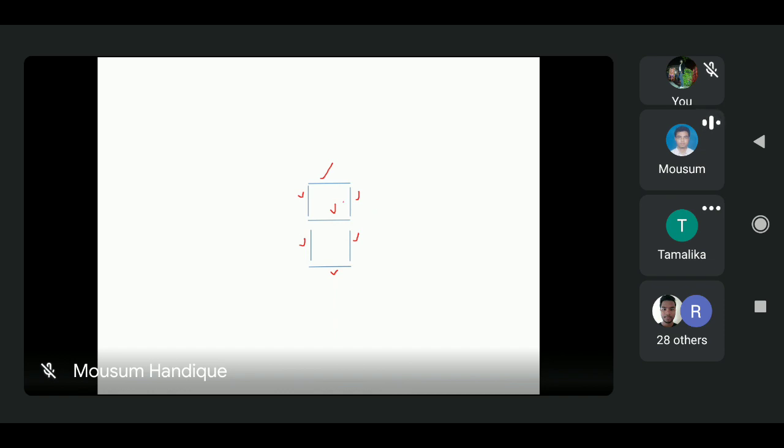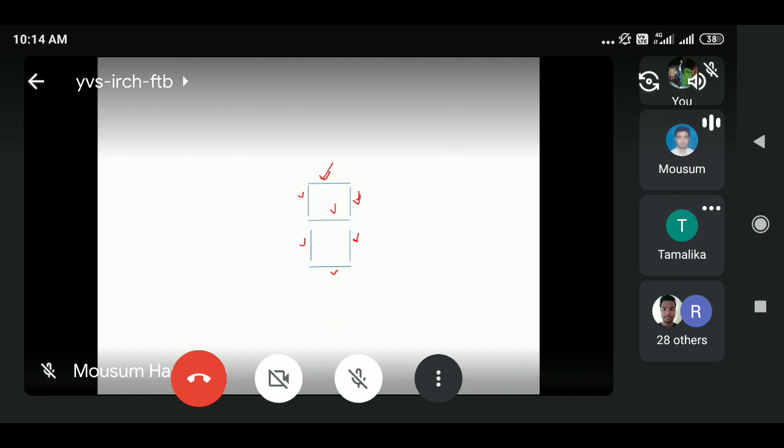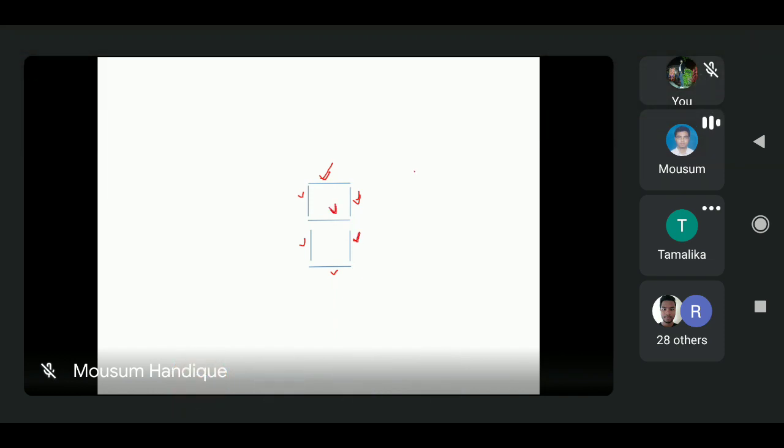Because see here, if we are presenting the number 7, these particular lines are active, these particular lines are active, and these particular lines are active, like this way, 7. And all other lines are deactive.